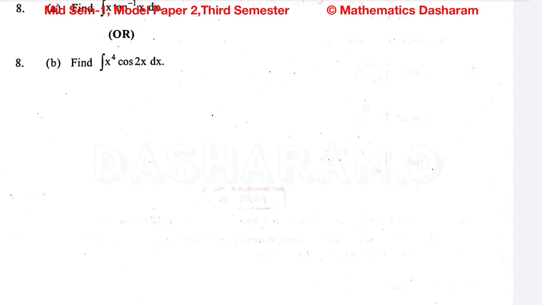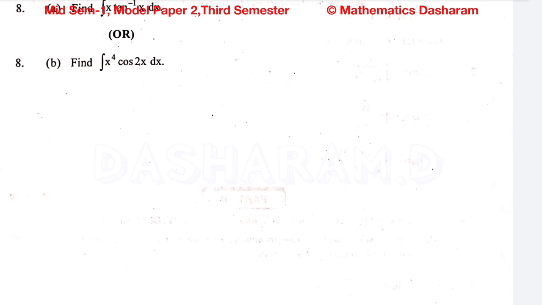So next, B question: find integration x to the power of 4 into cos 2x dx. Here x to the power of 4 is an algebraic function, cos 2x is a trigonometric function. As per the ILATE rule, algebraic first, trigonometry second, so no changes in the question.